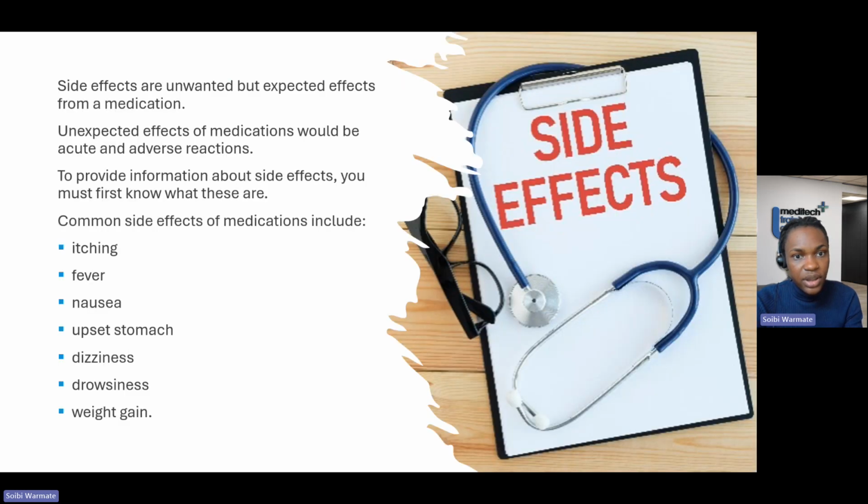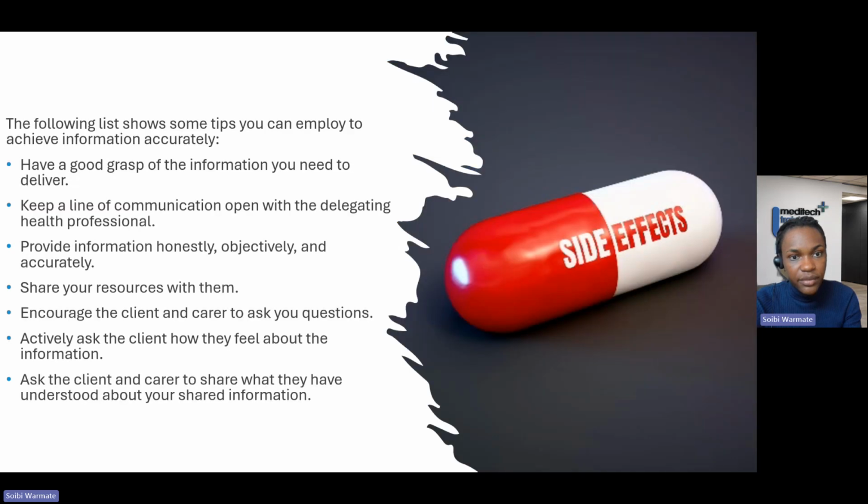Side effects and unwanted but expected effects from medication. Unexpected effects of medication can be acute or adverse reactions. Common side effects of medication include itching, fever, nausea, upset stomach, dizziness, drowsiness, and weight gain.